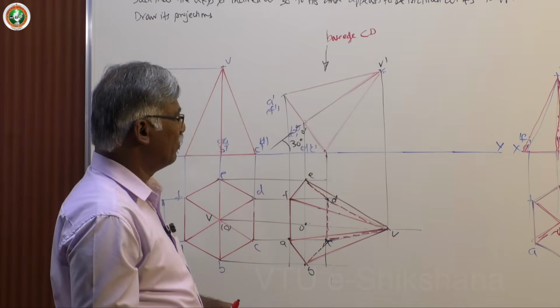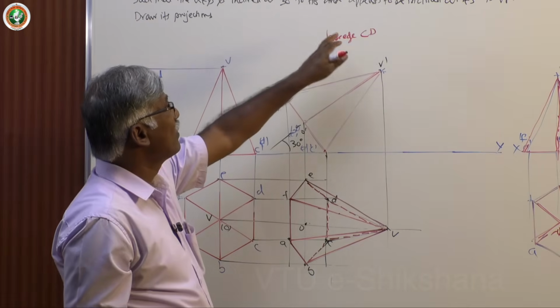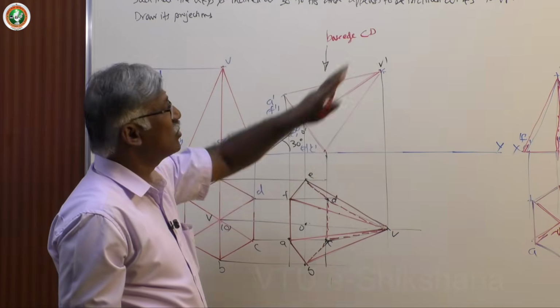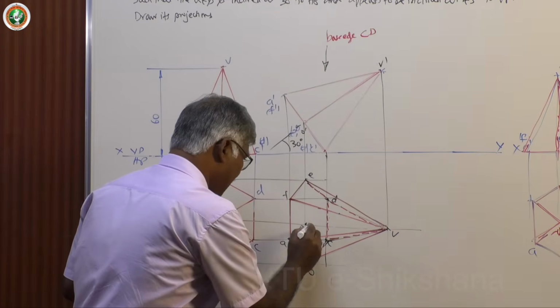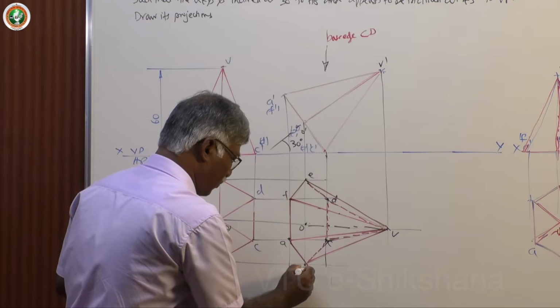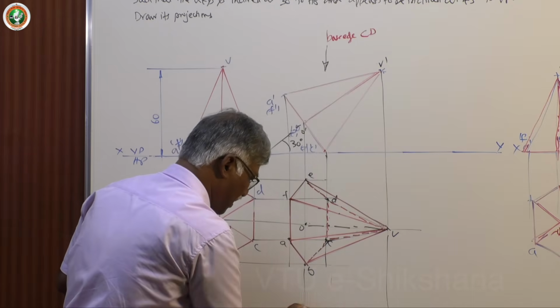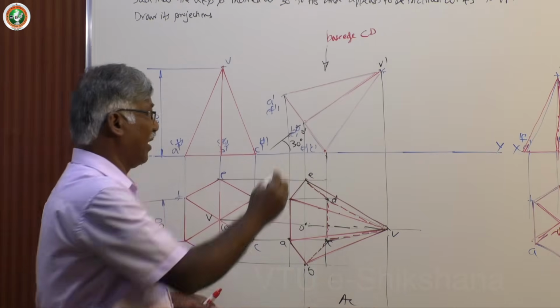Next comes the inclination with VP. He has given that the axis appears to be inclined at 45 degrees to VP. See, this axis is the apparent length now in this case. This is the apparent length, so this must be placed on the apparent inclination.